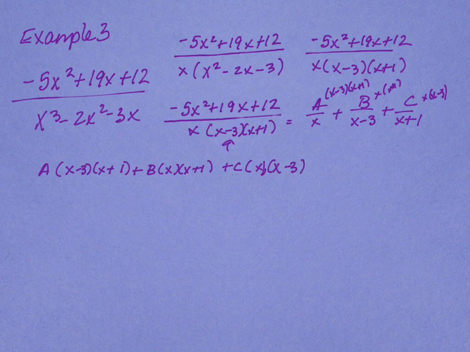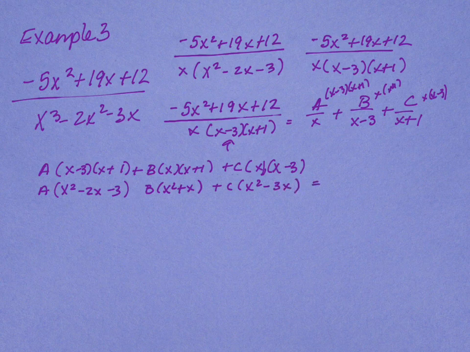So you're going to have to multiply those out. So this is x squared plus x minus 3x, so that would be x squared minus 2x minus 3, times a. And this is b times x squared plus x. And this is c times x squared minus 3x. Still getting there.